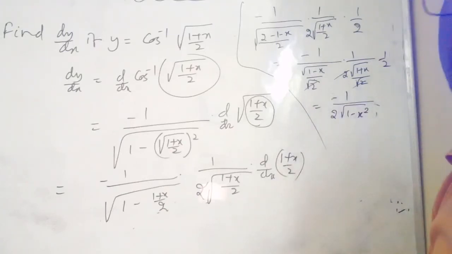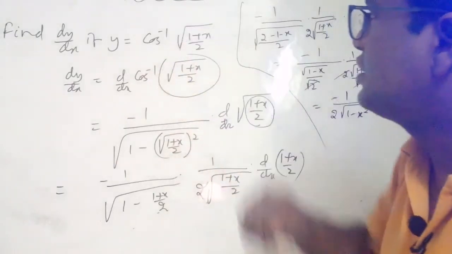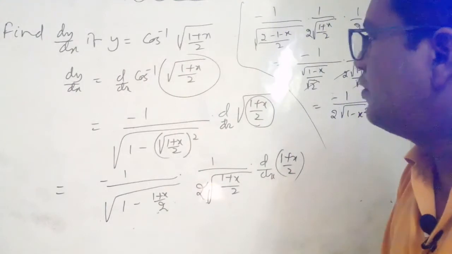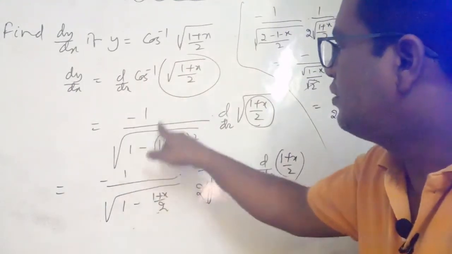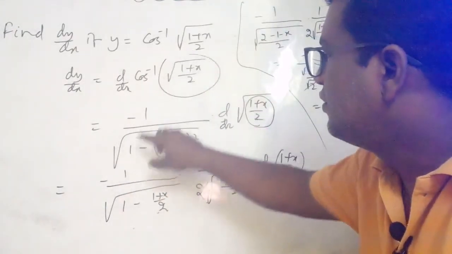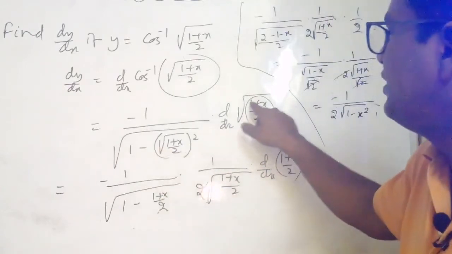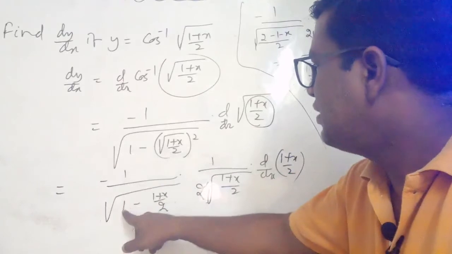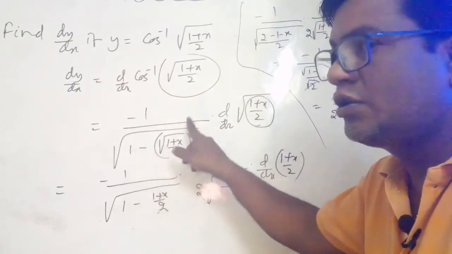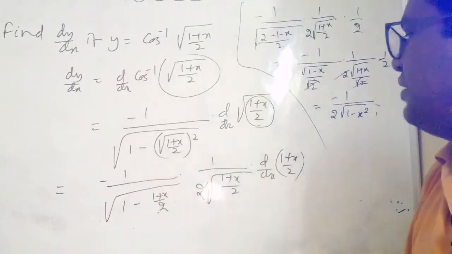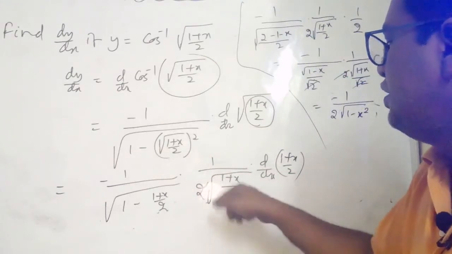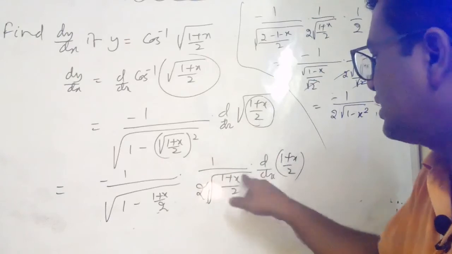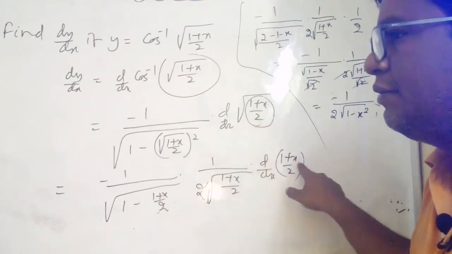Now y equal to cos inverse root over 1 plus x by 2, and this is equal to what? Minus 1 by root over 1 minus this square, into d by dx of 1 plus x by 2. The square root cancels the square, so 1 plus x by 2 into 1 by 2 into root over, this is the root x formula, derivative of root x is 1 by 2 root x, into d by dx of 1 plus x by 2.